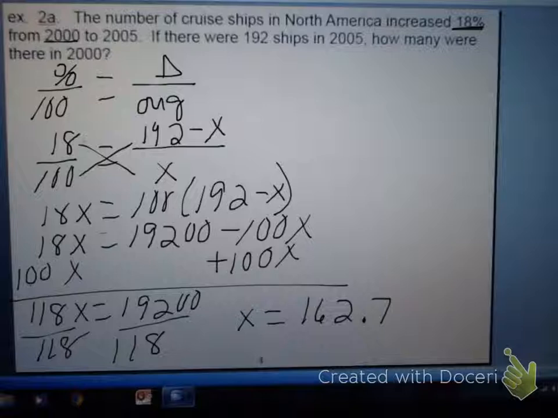You either have to have 162 ships or you have to round up to 163. You cannot have 162.7. So, it is about 163, and make sure you label about 163 ships.